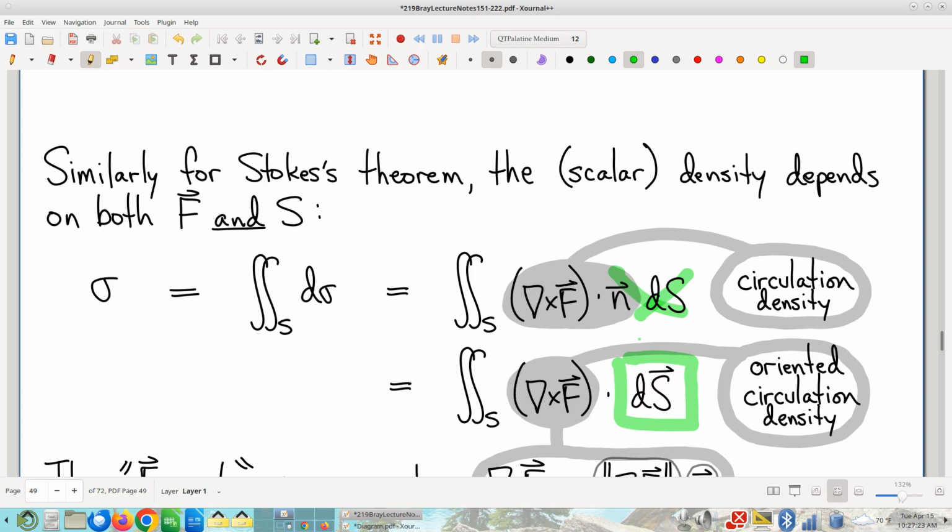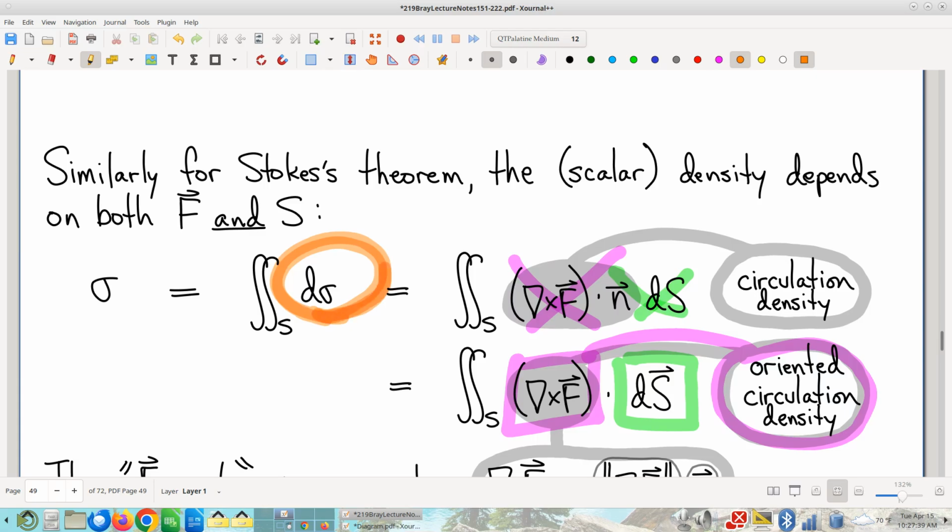And along those lines, let's think of this then as oriented density also, just like with gradient and the fundamental theorem of line integrals. This time, of course, our stuff is circulation. And so I'm going to call this oriented circulation density. It's a mouthful, right? So, brain stretch. Weird way to think about it.